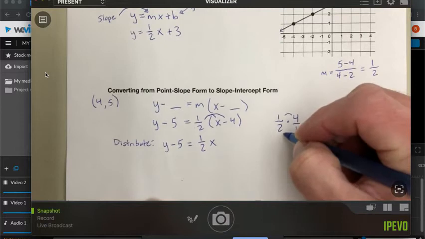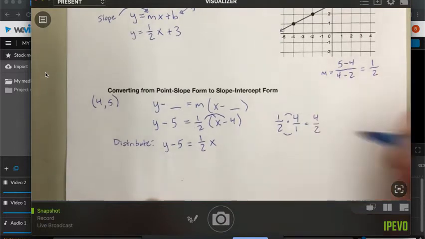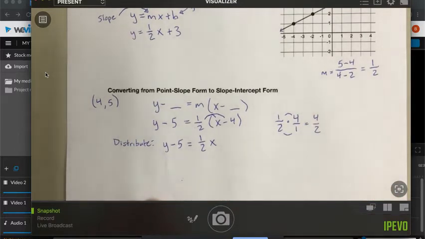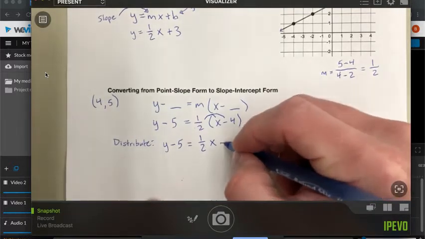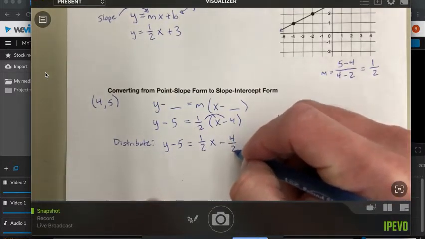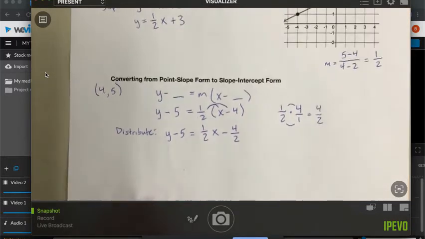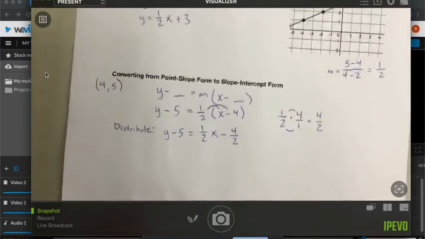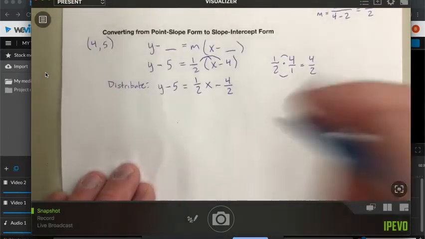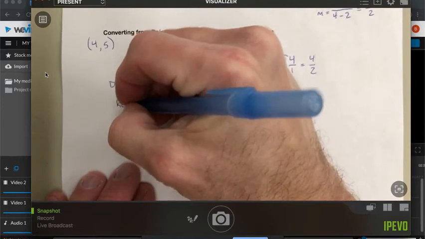That equals 4. And what's 2 times 1? In this case, that's going to be 2. So this is just going to become 4 over 2. All right, and then if possible, and in this case it is possible, I'm going to try to reduce my fraction.